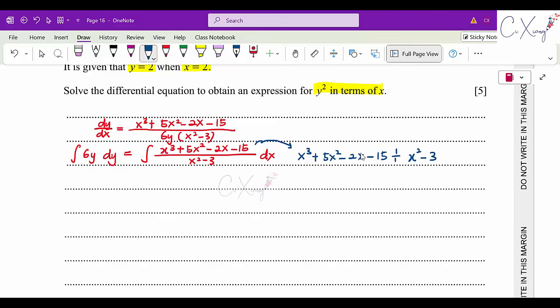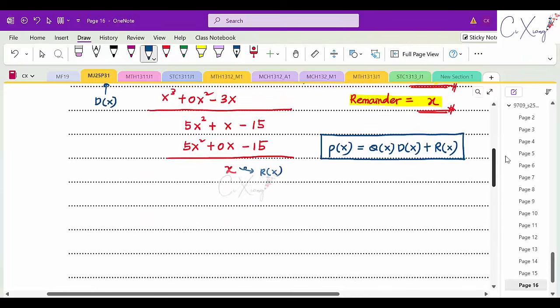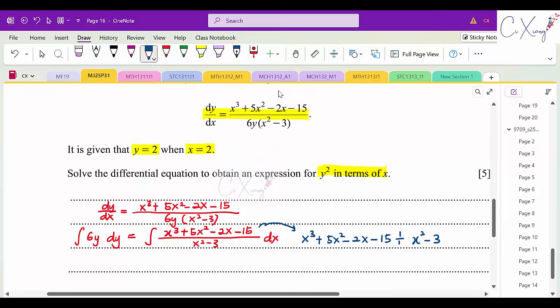Okay, and this is basically what we did just now in part A. I don't know whether you are aware or not. So we are actually having this polynomial divided by x squared minus 3. And in part B, you can see also that we are having the polynomial divided by the x squared minus 3. And basically, we have to use the result in the first part to apply it here.